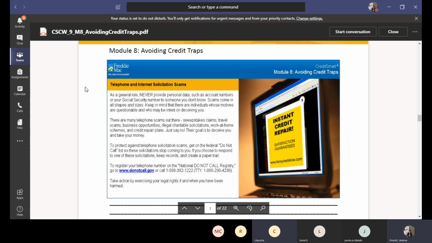Okay. So telephone and internet solicitation scams. As a general rule, you never provide personal data such as account numbers or your social security number to someone you don't know. There are many telephone scams, including sweepstakes claims, travel scams, business opportunities, illegal charitable solicitations, work at home schemes, and credit repair plans.